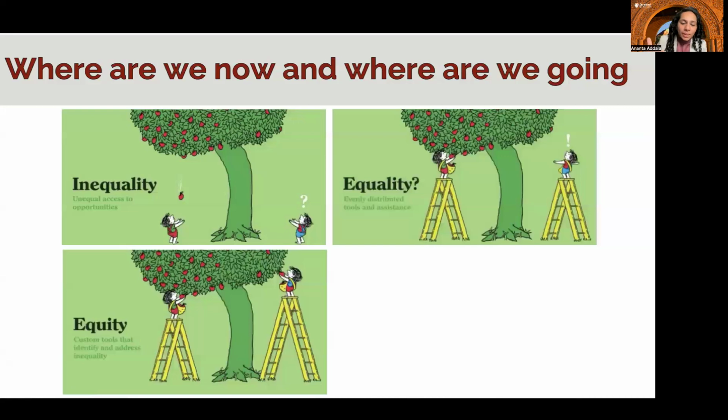And so equity, which is a lot of what I've talked about today, is making sure that we're developing tailored tools to address the specific issues of the system. So not the child. That's not what we're addressing here. We're really addressing that the tree is bent in the opposite direction. Presumably the sun is over here and it gets better photosynthesis opportunities and fruit generation. But you'll look, even though this child can reach the tree here, there's just not as many fruit.